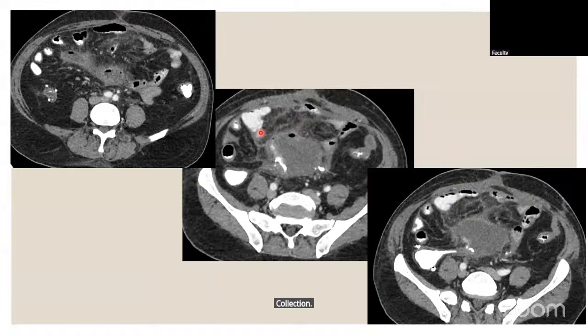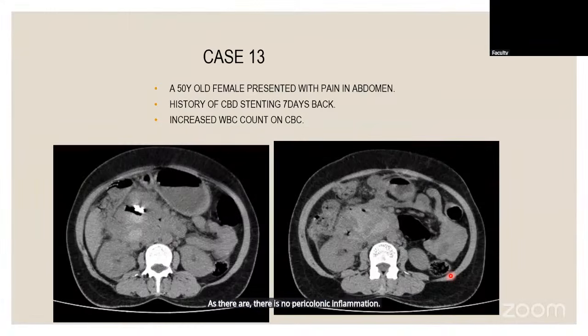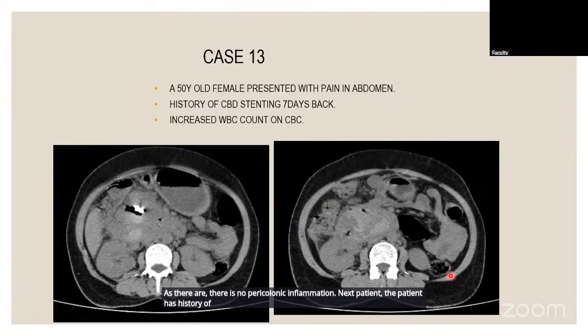Notice there is surrounding fat stranding and also cecal diverticulosis, but there is no diverticulitis as there is no pericolonic inflammation. Next patient, the patient has history of CBD stenting and again increased WBC count.